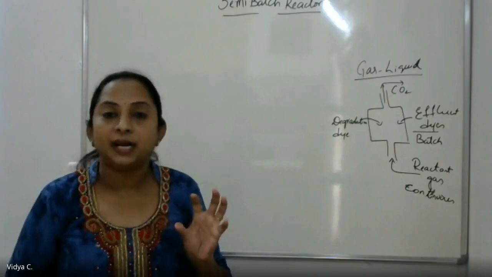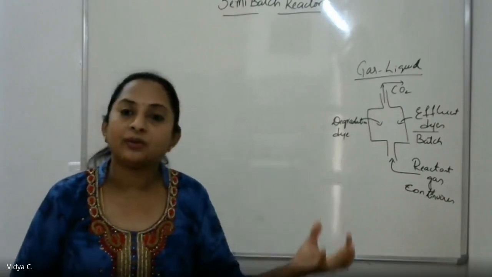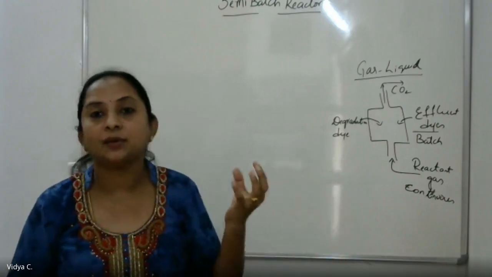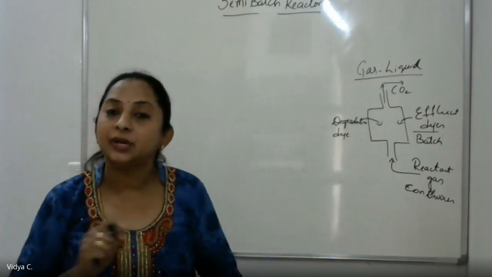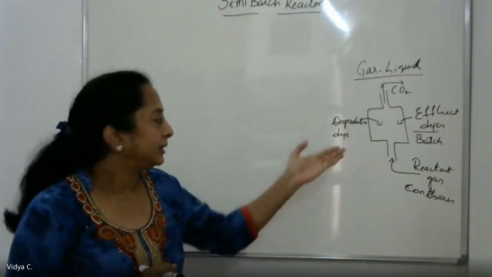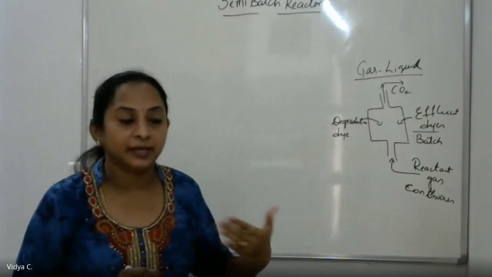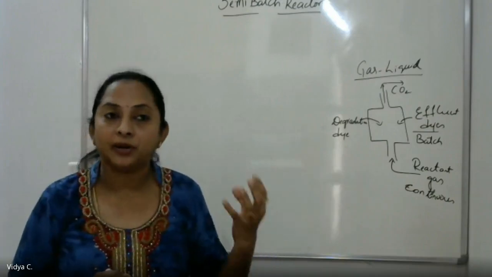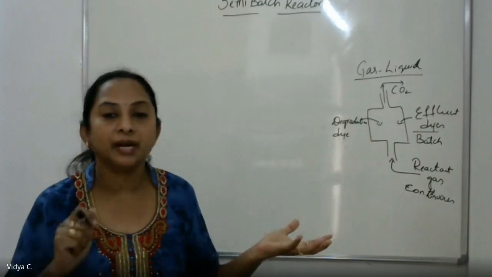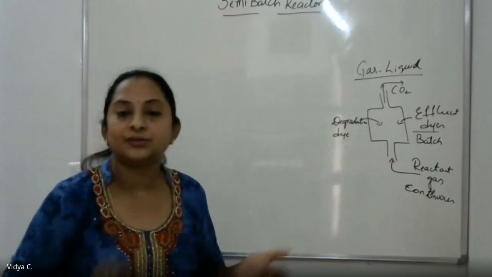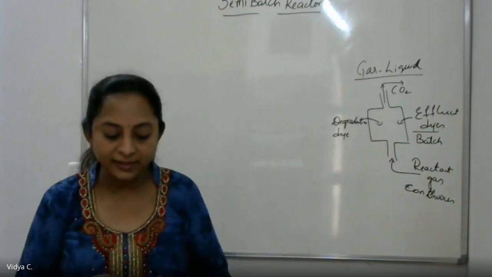For that selectivity, it may be required for one of the reactants to be present in excess always. So in cases where, to achieve the desired product, the reactant concentration has to be maintained at a higher level, semi-batch will be selected.